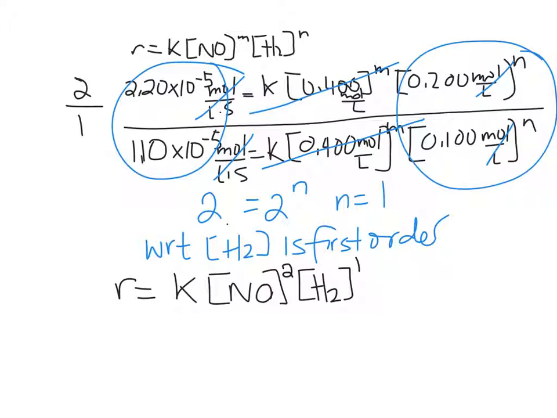What we do is pick one trial, one run of the experiment, substitute in the values, and solve for K. If we isolate K again, it's equal to the rate over the concentrations. So we're going to plug in our values. Let's pick trial 1.